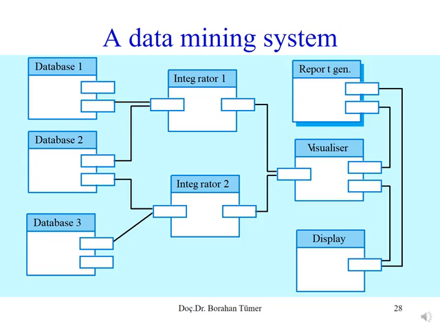Here you see an example of the distributed object architecture. This is a data mining system. At the left-hand side there are various databases. In the middle there are integrator objects, and at the rightmost column we have various function modules.